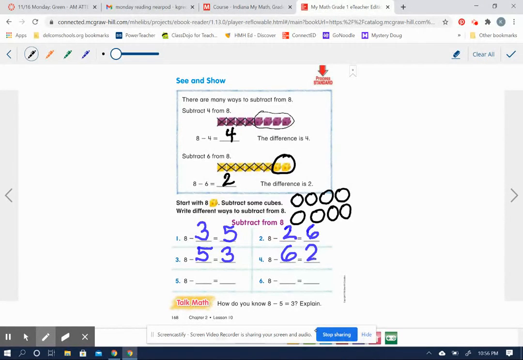This would be a 2. Let's try it. 1, 2, 3, 4, 5, 6. Yep, 2 of them are left. So 8 minus 6 equals 2.